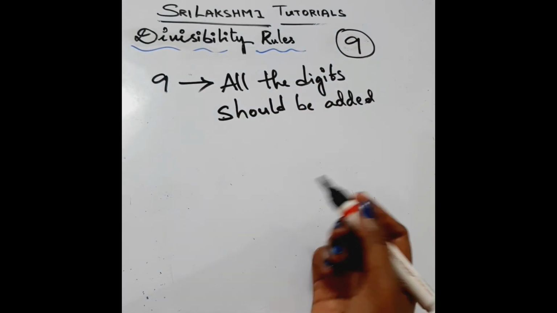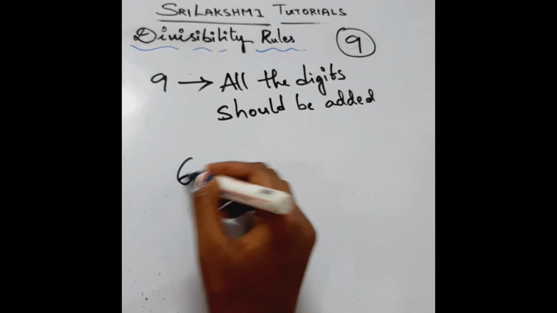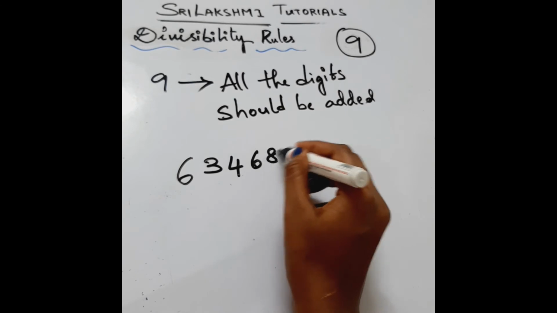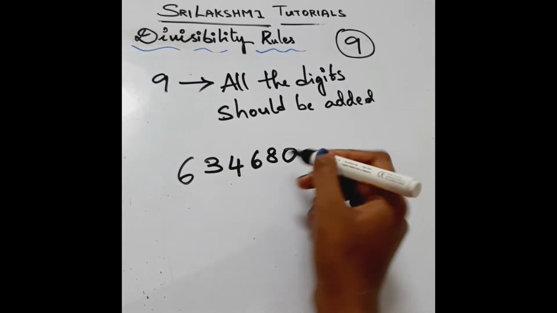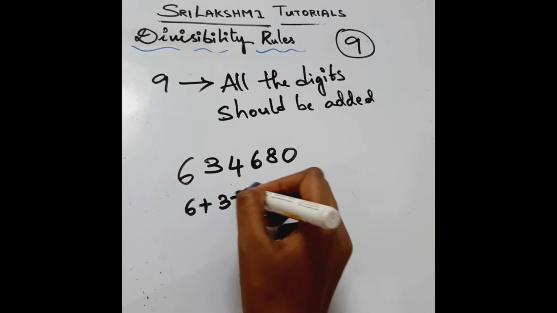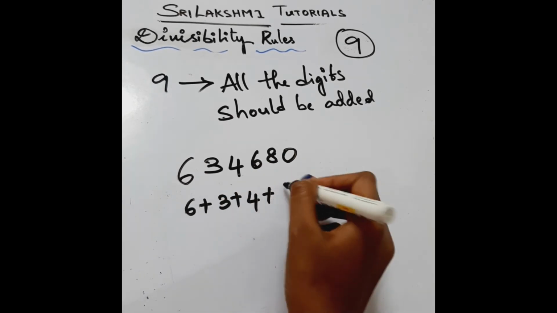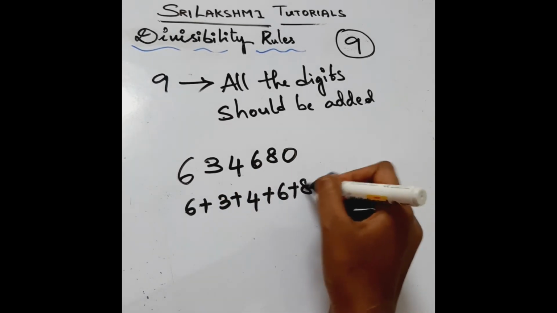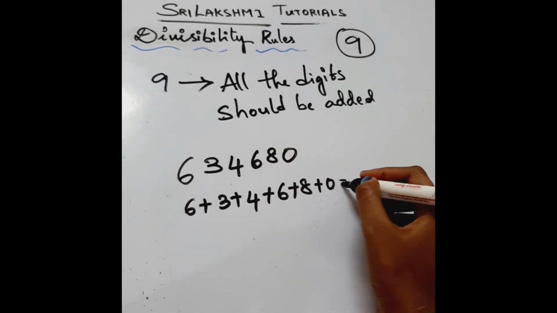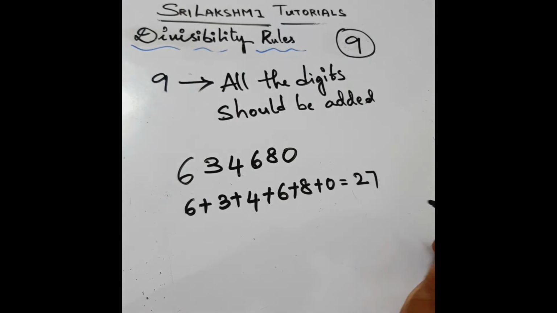Let us check for a number like 634680. Let us first add 6 plus 3 plus 4 plus 6 plus 8 plus 0. If you add all these digits, you will get 27.